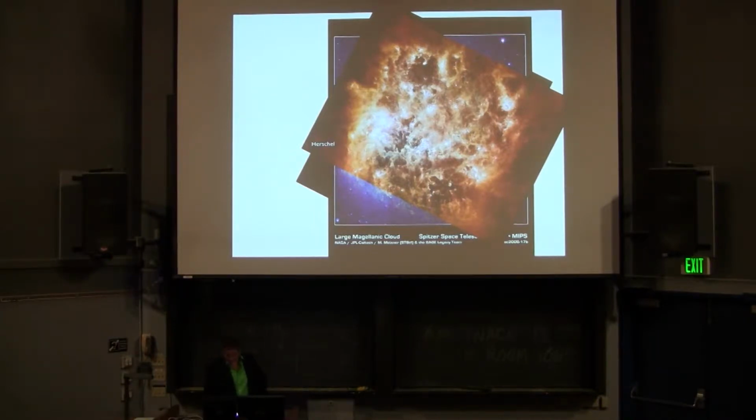So I'm sure many lecturers have already impressed upon you the importance of magnetic fields in the process of making molecular clouds themselves, assembling molecular clouds out of the cold atomic gas, and also the role it might play in the dynamics of molecular cloud formation and fragmentation.